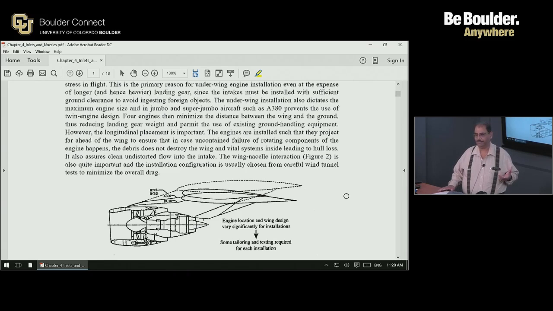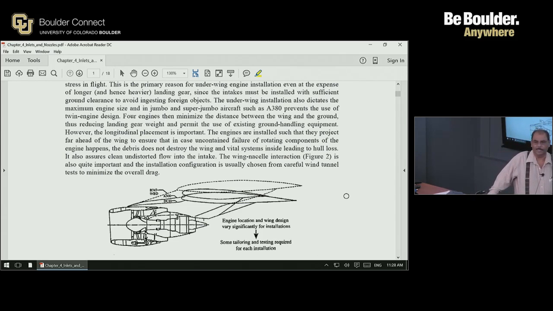One is ingestion of foreign objects. So FOD is an important consideration. Okay, too close to the ground, there's a danger of ingesting objects that can cause damage.